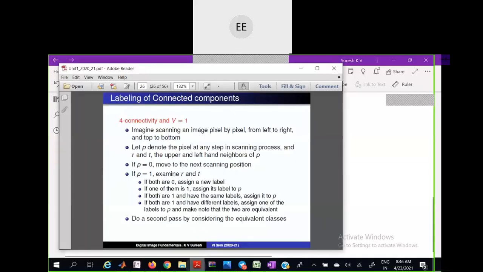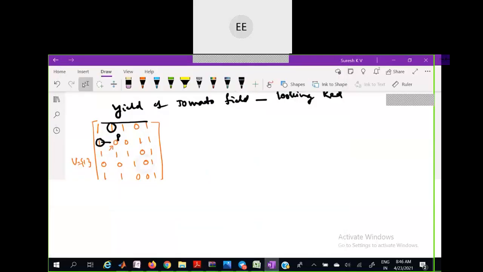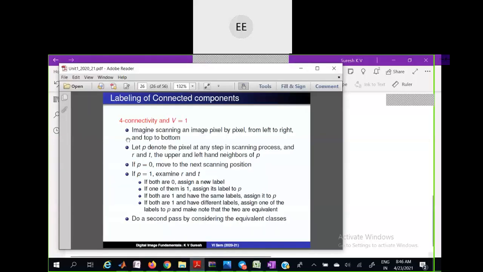According to this algorithm, these two pixels are taken as R and T. Let me take this as R and this as T. When I am at P, I have already completed the first row and the first element of the second row, which means you have already labeled R and T. Now I have to label P. To label P, I should look at the label that I have given to R and the label that I have already given to T. That's what the algorithm says.